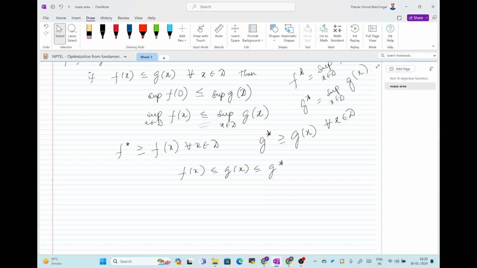Someone else was saying something. Yeah, I think f star is less than or equal to g of x because f star will be the lowest upper bound for f of x, and for all x, f of x is less than g of x.